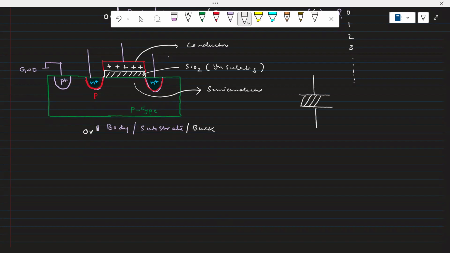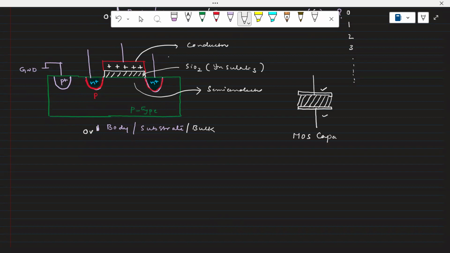So this is one conducting plate, and this is another conducting plate, separated by the oxide. It is a MOS capacitor.